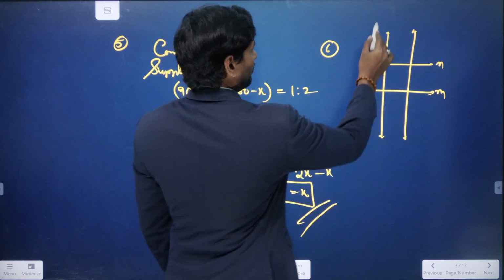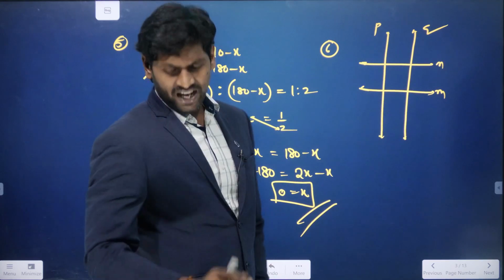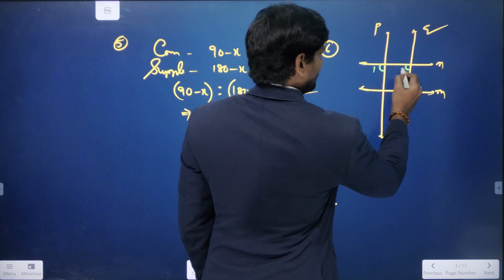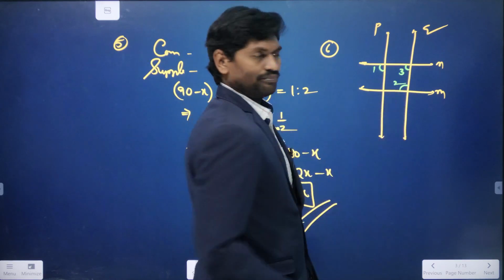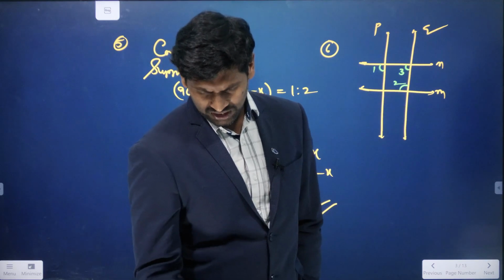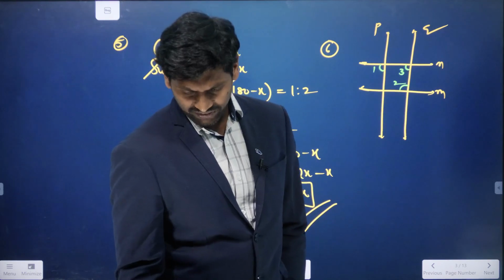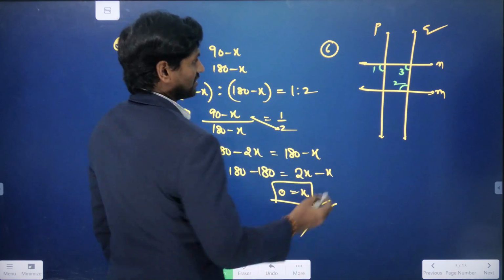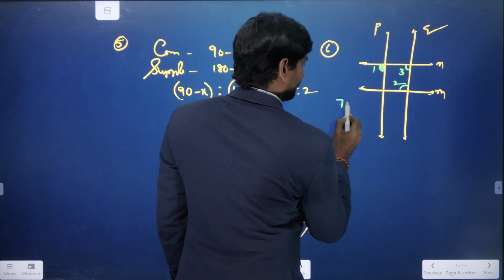Here P and here Q. Now the angles in the picture are 1, 2 and 3. Here angle 1 equals 75 degrees. So angle 1, this one, is 75 degrees.